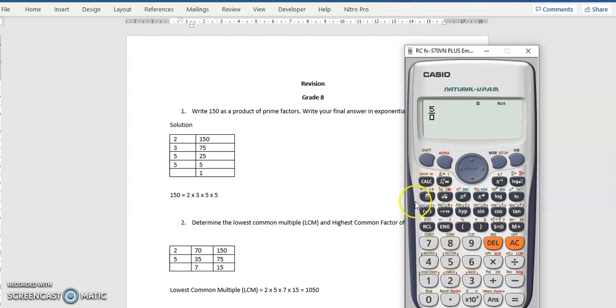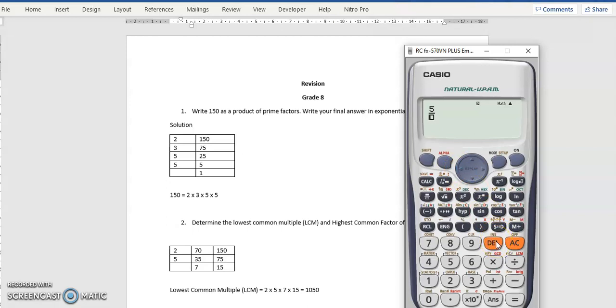Then 5, this 5, divided by 1. It gives me the same number. I have not done anything to it. Are we together? So what do I do? I can't take 1. So I move my cursor back like this.